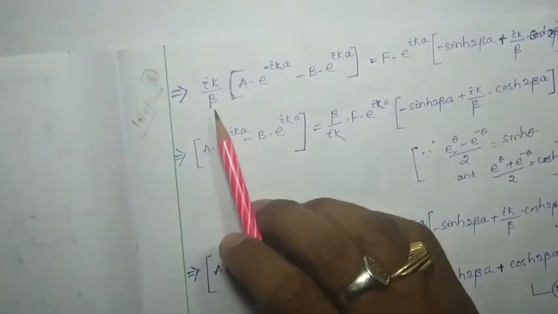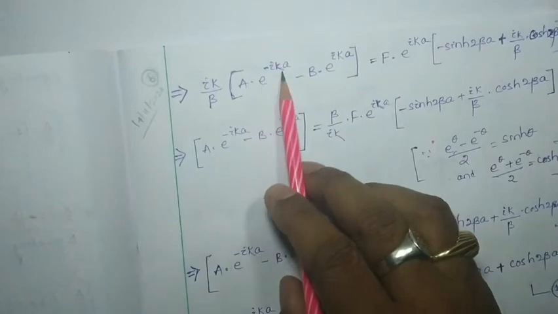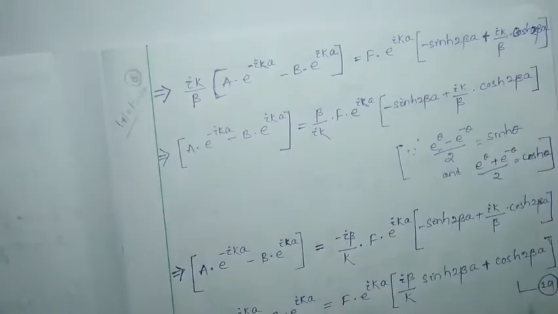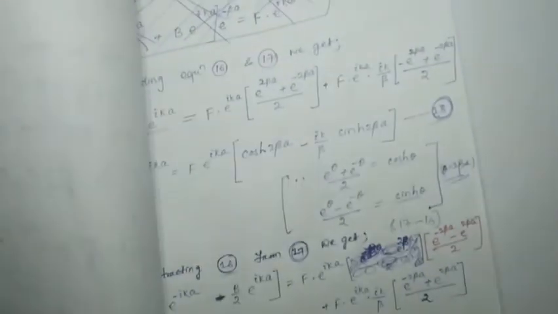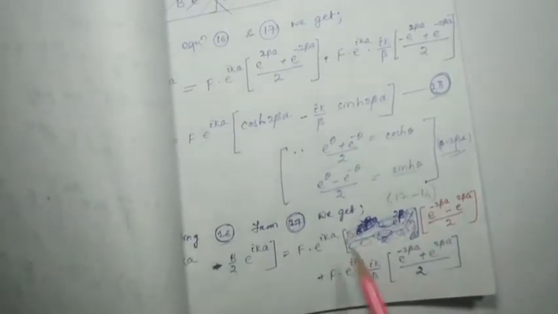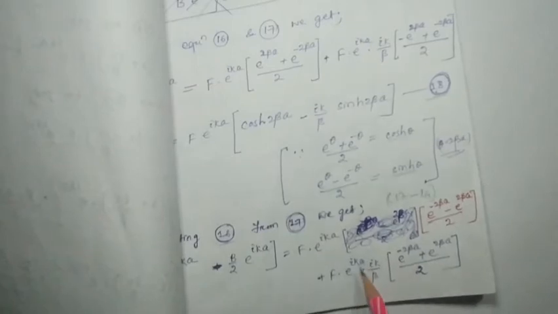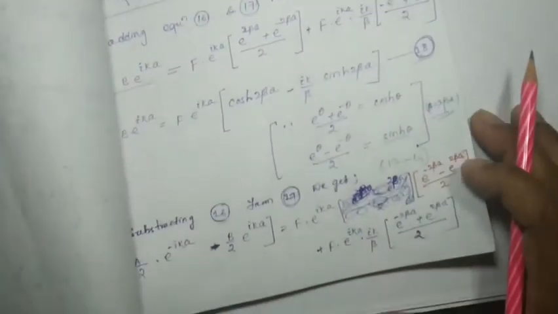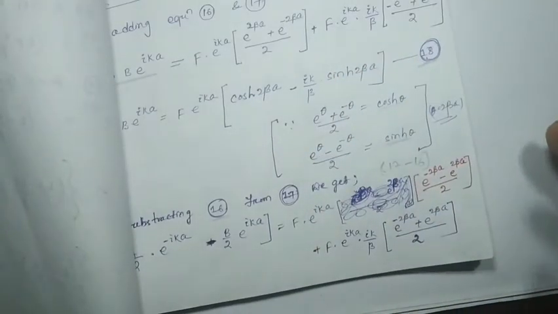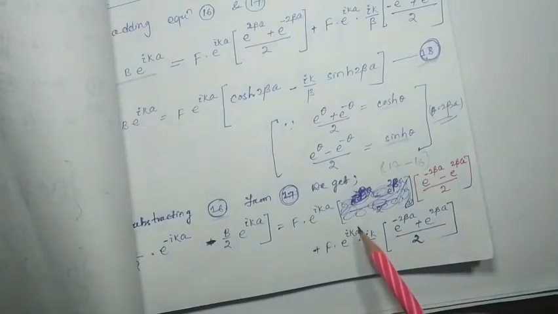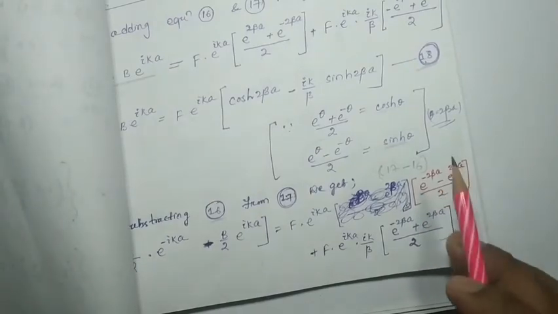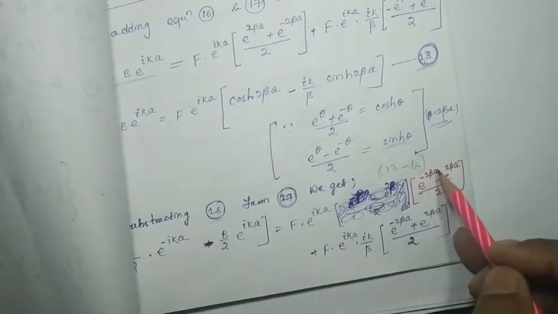So on the left hand side we found ik by beta, a e to the power minus ik minus b e to the power plus ik, is equal to, and on the right hand side you can see f e to the power ik is common among these two terms. So you can take common f e to the power ik from this and from this, and here you can see e to the power minus 2 beta a minus e to the power 2 beta a by 2.